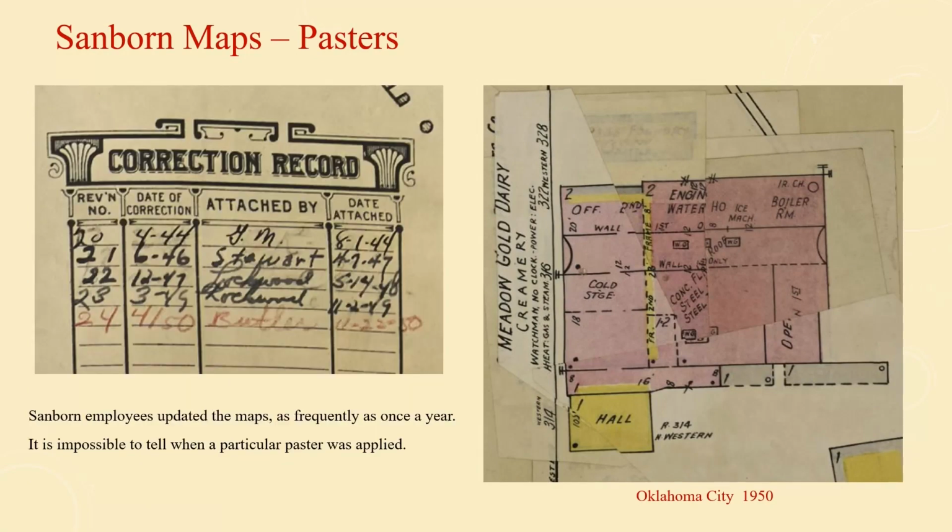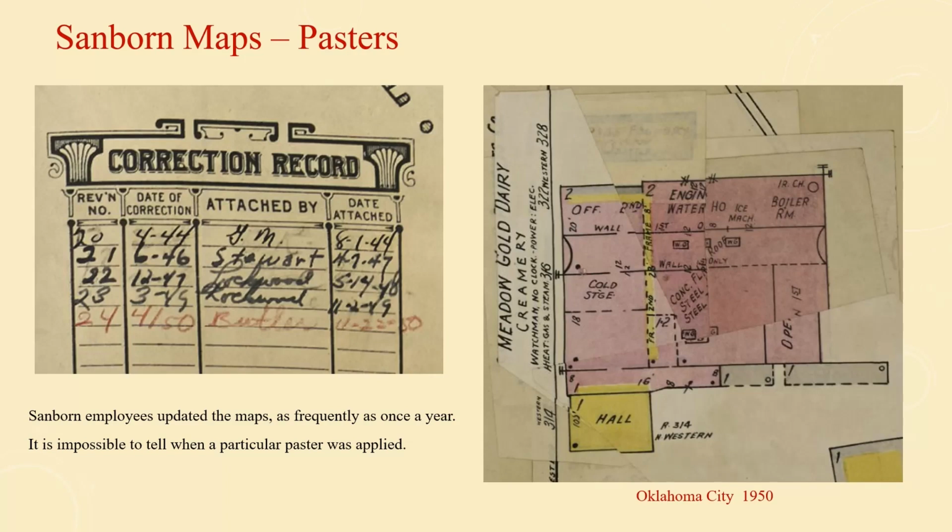There's a correction record you'll find on the index sheet. They sent people out from the Sanborn company to update these maps and to apply these pasters, and they kept a record of that. But you don't know when each individual paster was put on there, and so that's a problem when you're doing research.